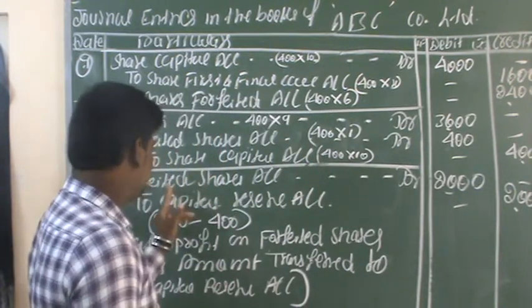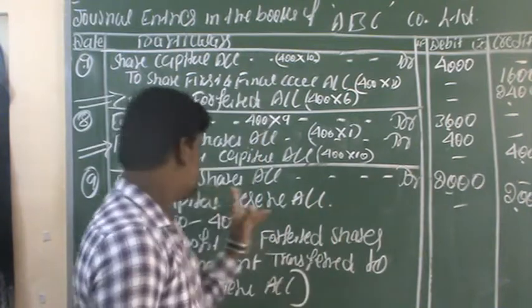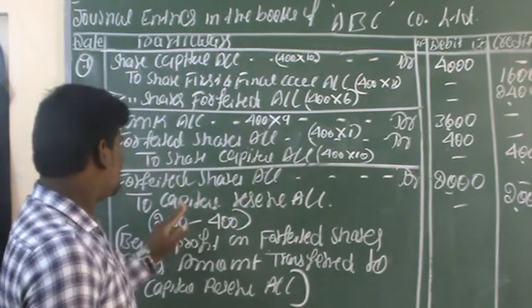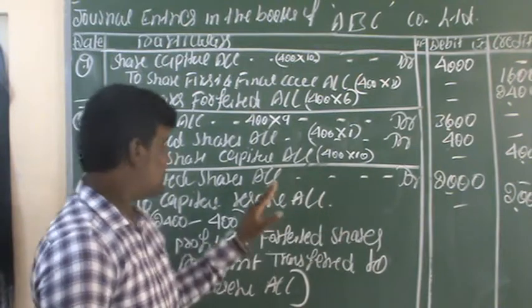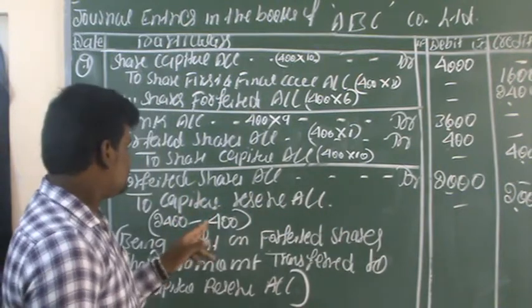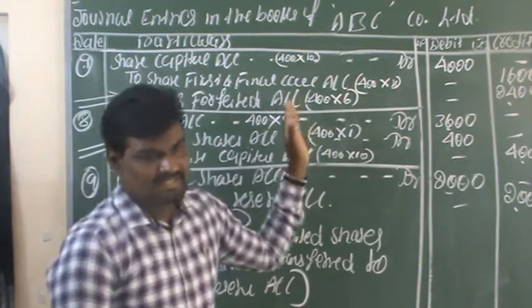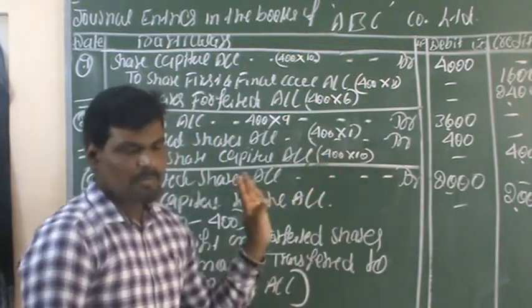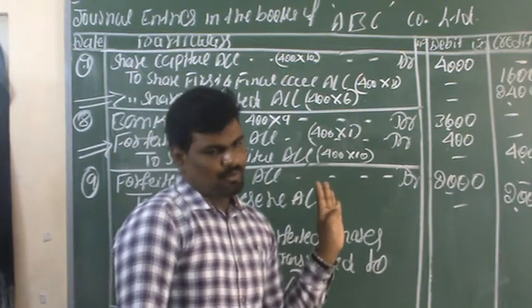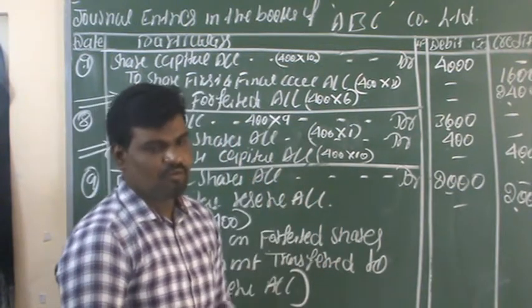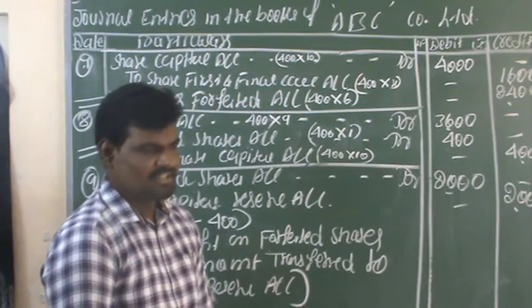So once again, the 9th entry: forfeited shares account debit to capital reserve account. Here 2400 was already paid up capital on these shares at the time of application as well as allotment. They have already received 2400 rupees from these 400 shares.